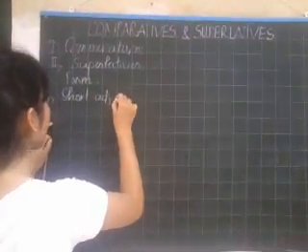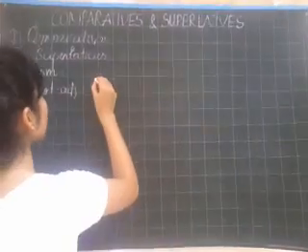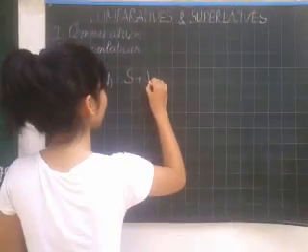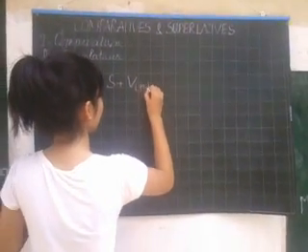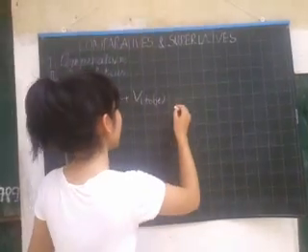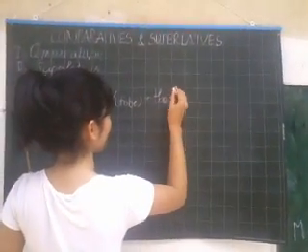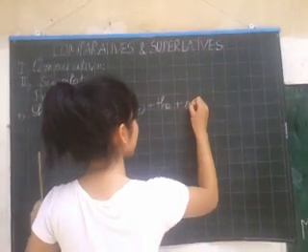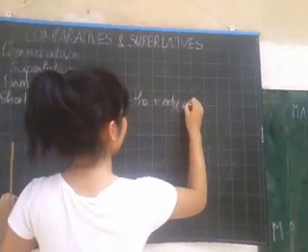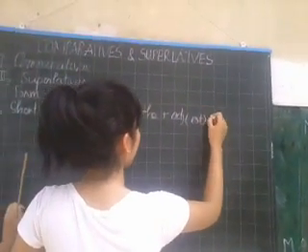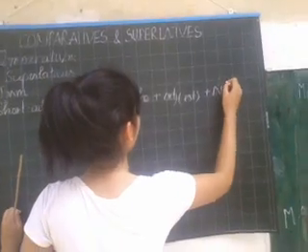With the form of short adjective, we have subject and verb to be, and article the, and adjective with est, and noun or pronoun.